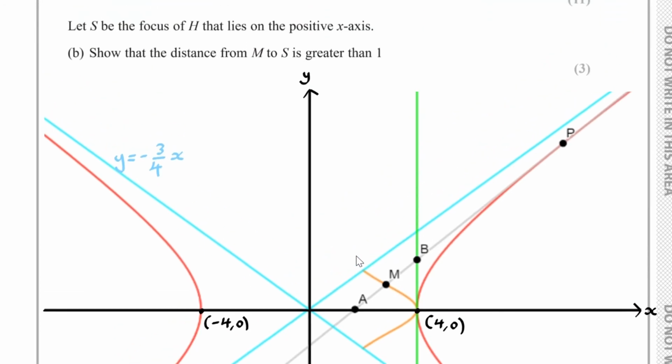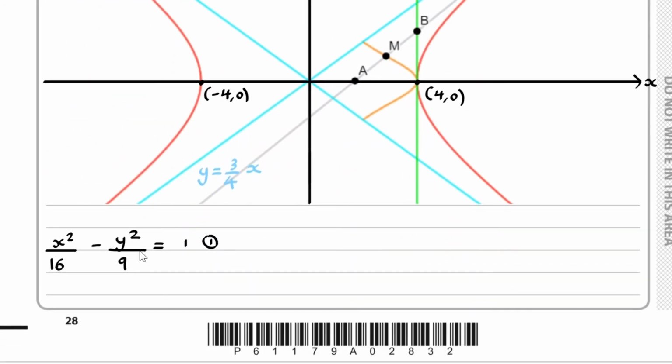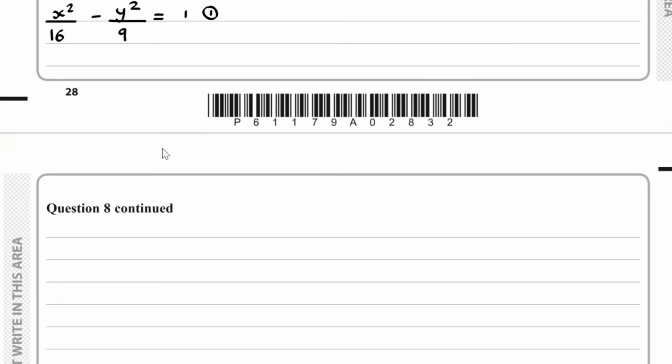And because we're concerned with the tangent at P, let's differentiate this equation. So differentiating x squared over 16, we end up with x over 8. Then we have the differential of minus y squared over 9. Well, we have minus 2y over 9. And don't forget, we need to differentiate implicitly, so we multiply by dy over dx. And this is equal to the differential of 1, which is 0.